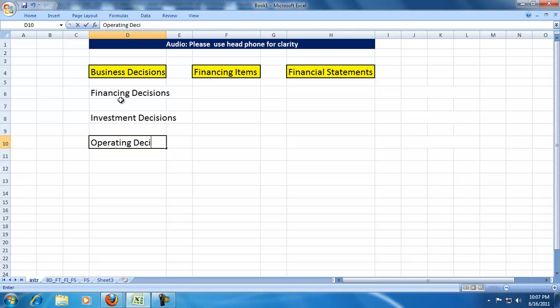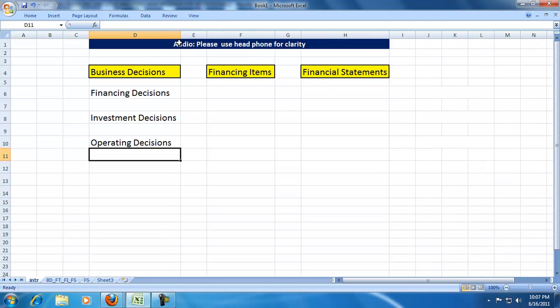So any decision that a business takes can be classified into these three broad categories. So identify, understand the business decision and classify them. As we move along today, we'll see what are these decisions with example.